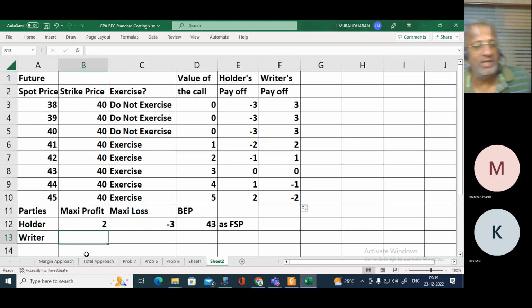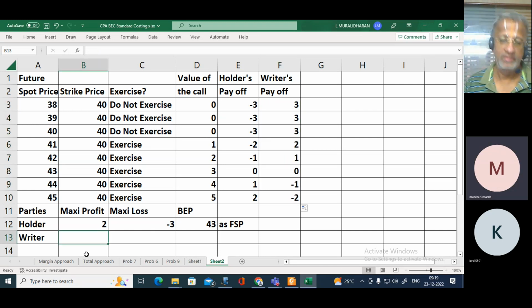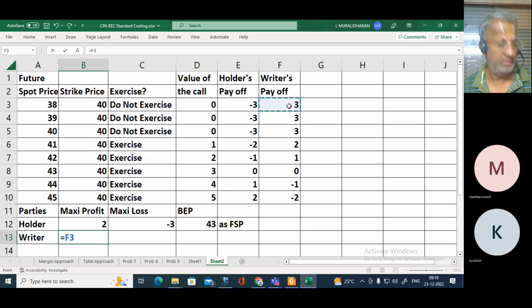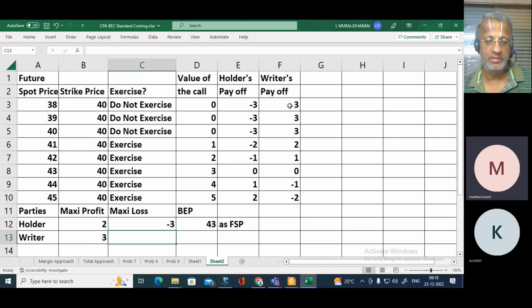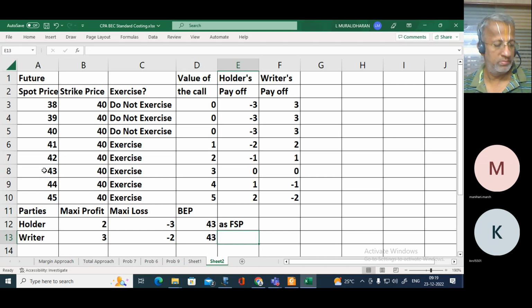So now tell, what is that? Maximum profit is 3. Maximum loss is minus 2. And again the BEP is 43 as FSP. That's it. Kindly make note.